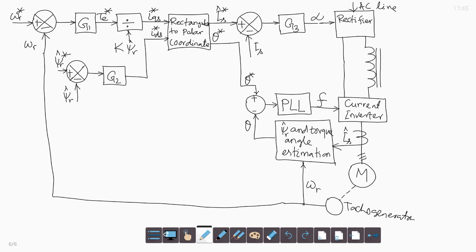And this is the estimated rotor flux psi r hat.